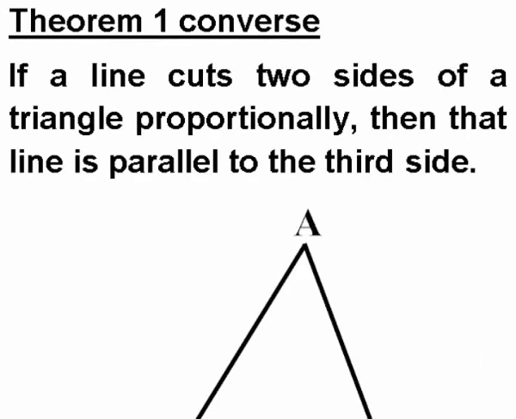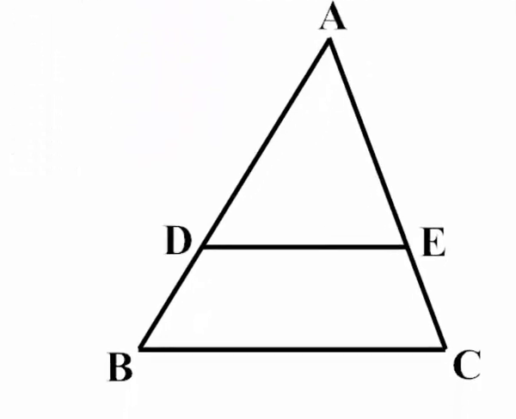Okay, matrix, let's have a look at Theorem 1 converse. What it says: if a line cuts two sides of a triangle proportionally, then that line is parallel to the third side. Let's see what we mean.